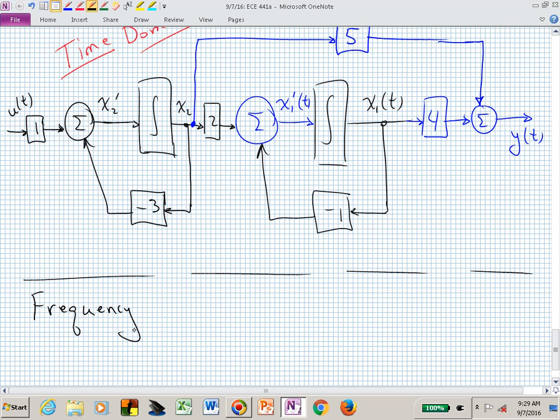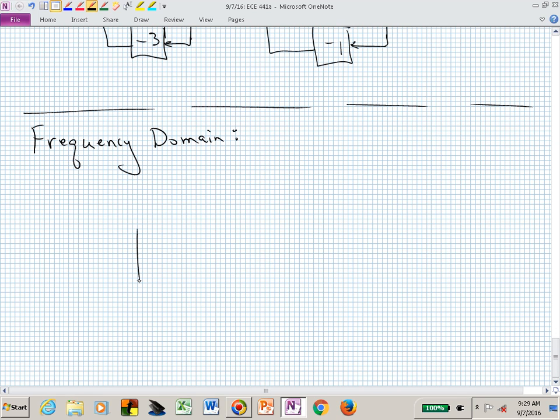And that's the only change in the block diagram that really has to be made. All the other interconnections can be left alone. Gains and summing.